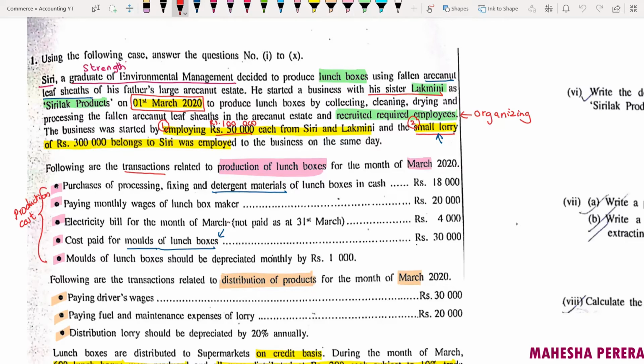Anyhow, you can write processing, fixing, and detergent materials as an example for capital. Or there is a very good example, the molds of lunch boxes, or just molds, right? So let's write the complete word, molds of lunch boxes. So I'm writing this one, right? Or even this one is okay, because you know, these processing, mixing, and detergent materials are man-made.